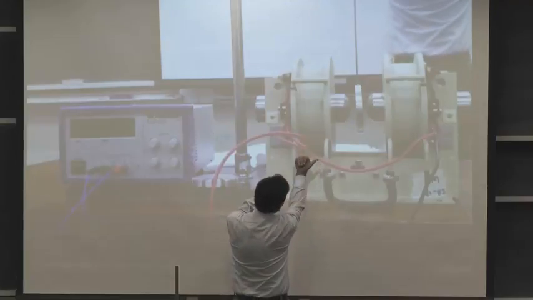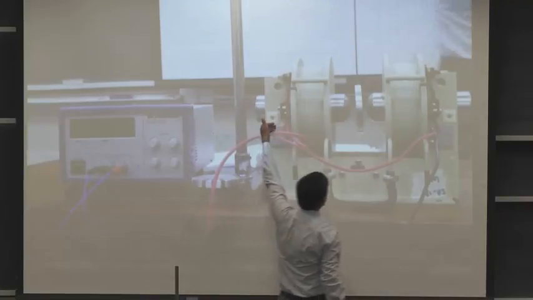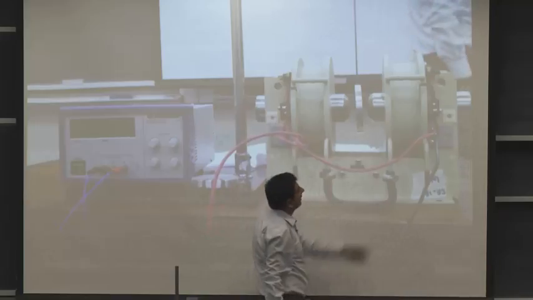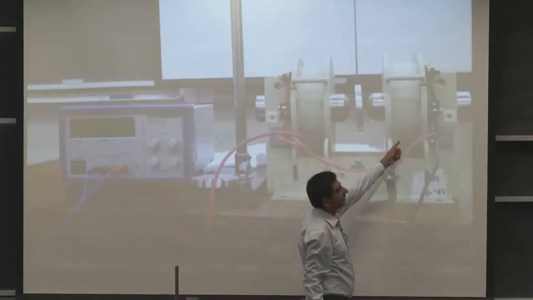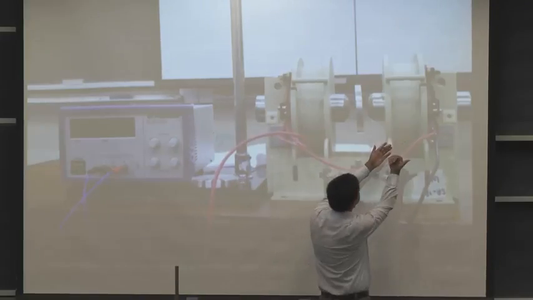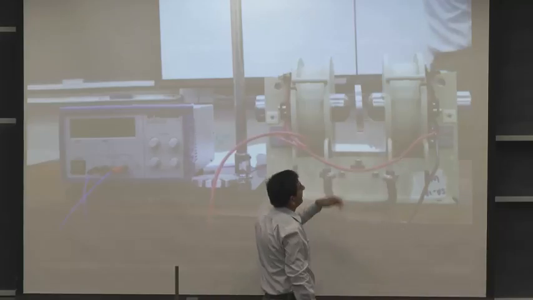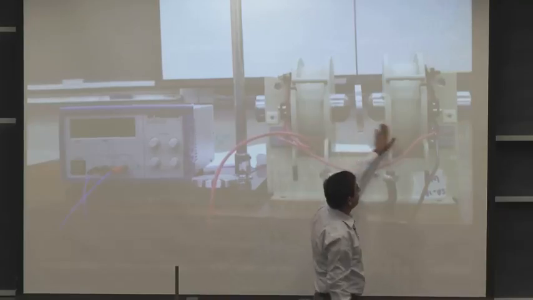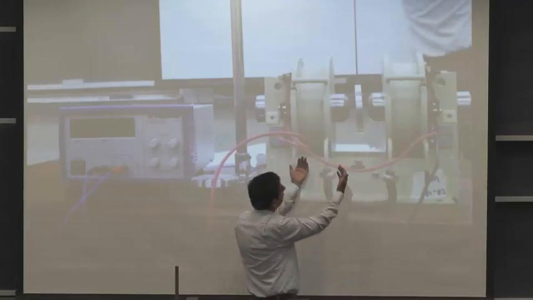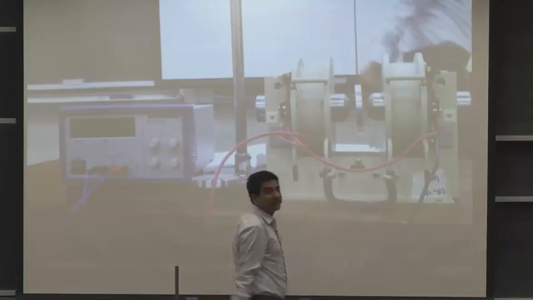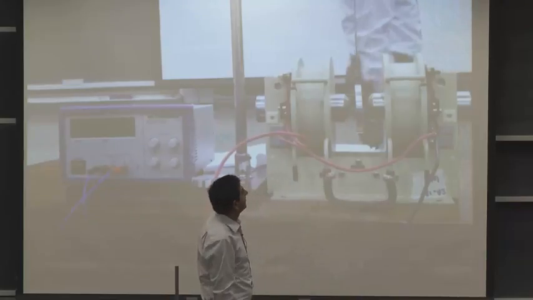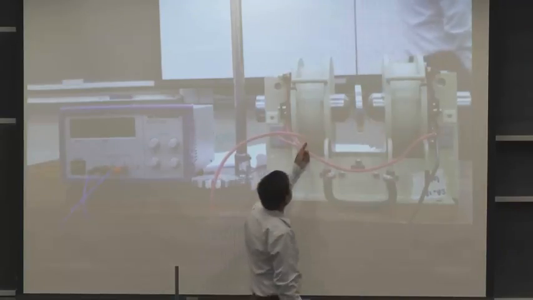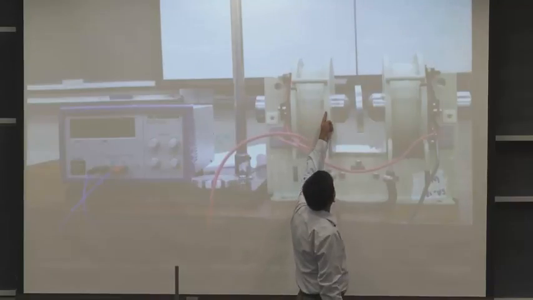If the current flows like this, then a magnetic field will be produced from left to right. The coil here would also be wound in the same sense, because that would make the field go from left to right. So these two coils are wound in the same direction, and they produce a magnetic field.